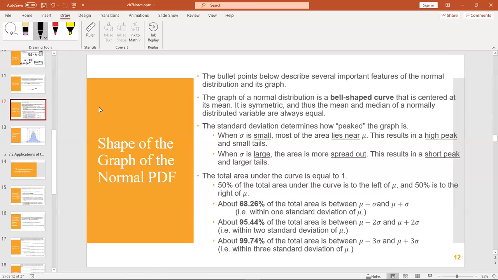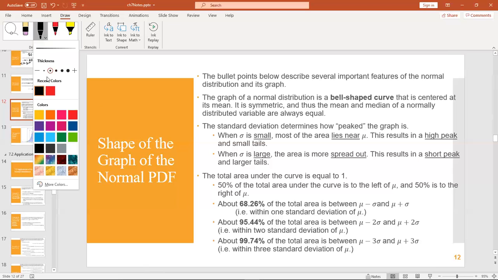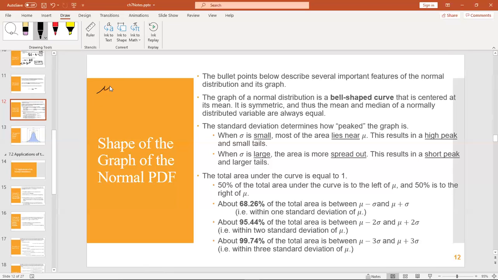So let's jot this down. Let's just say, for the sake of argument, that mu was 100 and the standard deviation was 10. So if you go down 10, that would put you at 90.